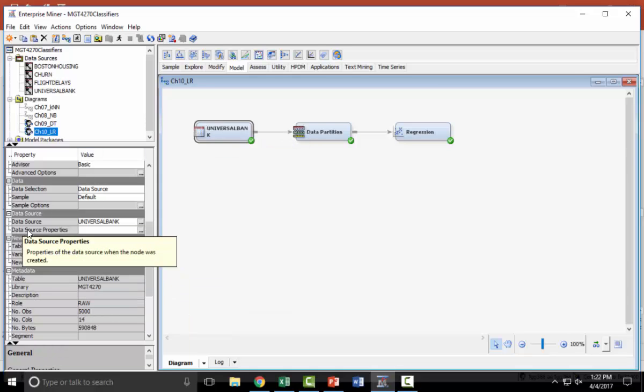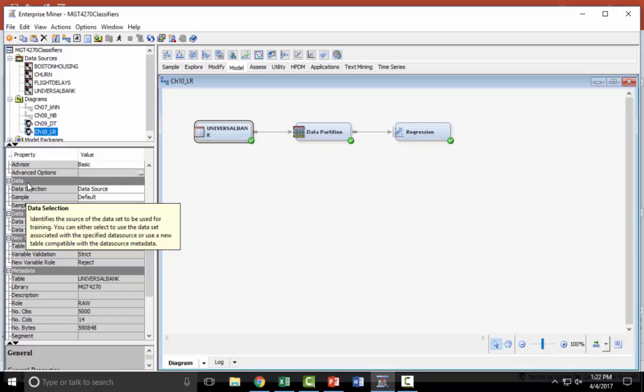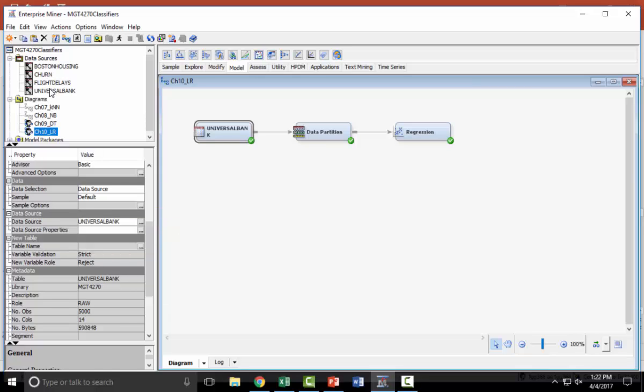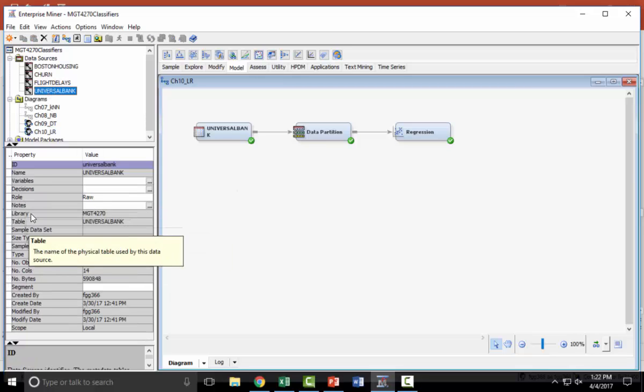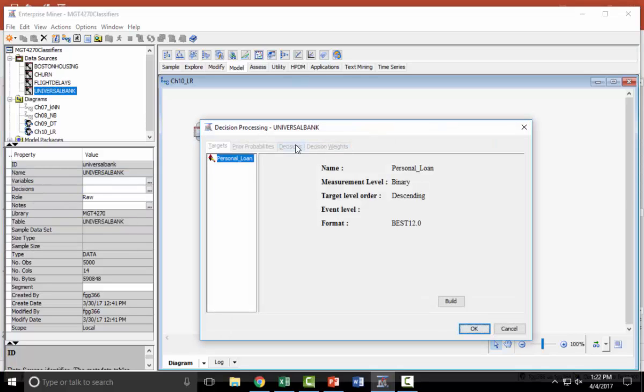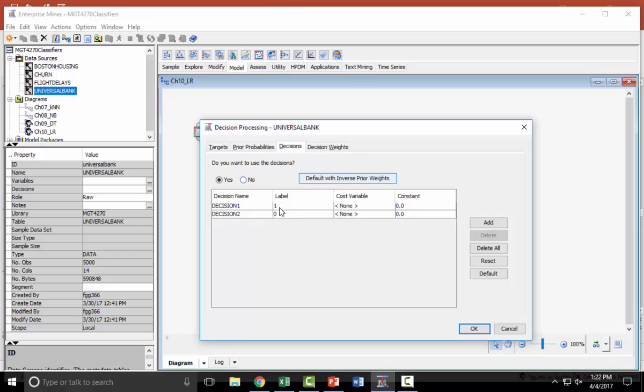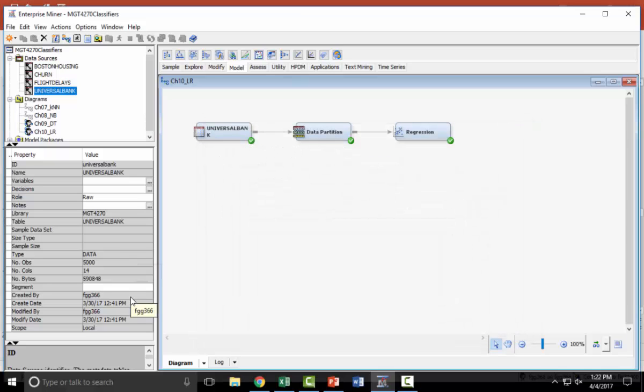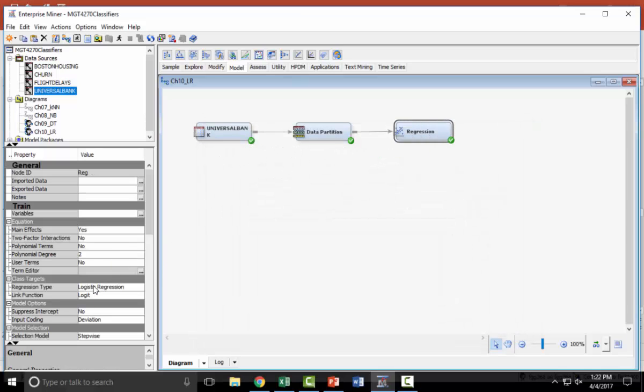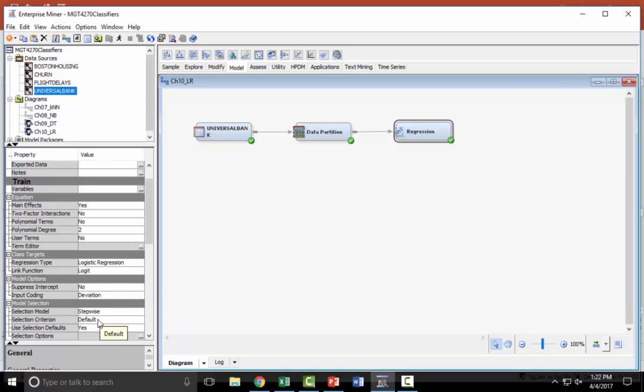Okay, if you set the decision weights, then profit and loss here is your default.